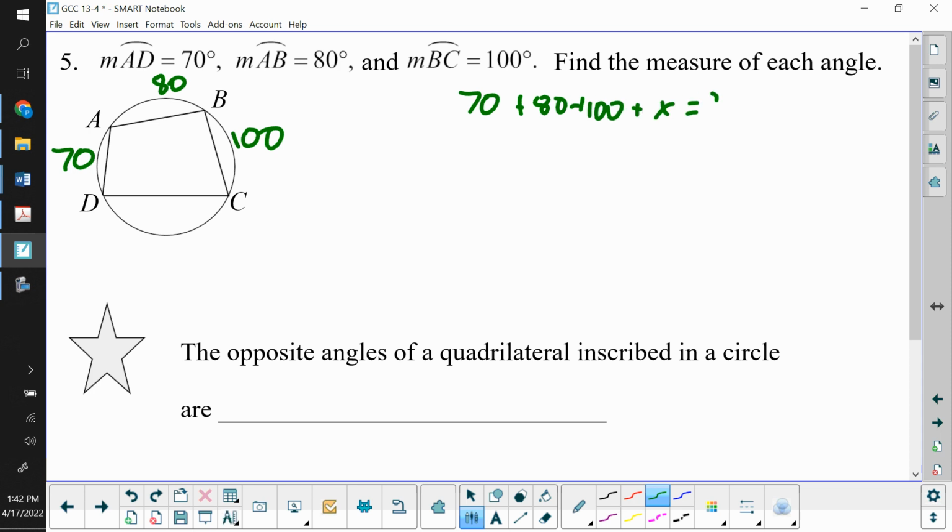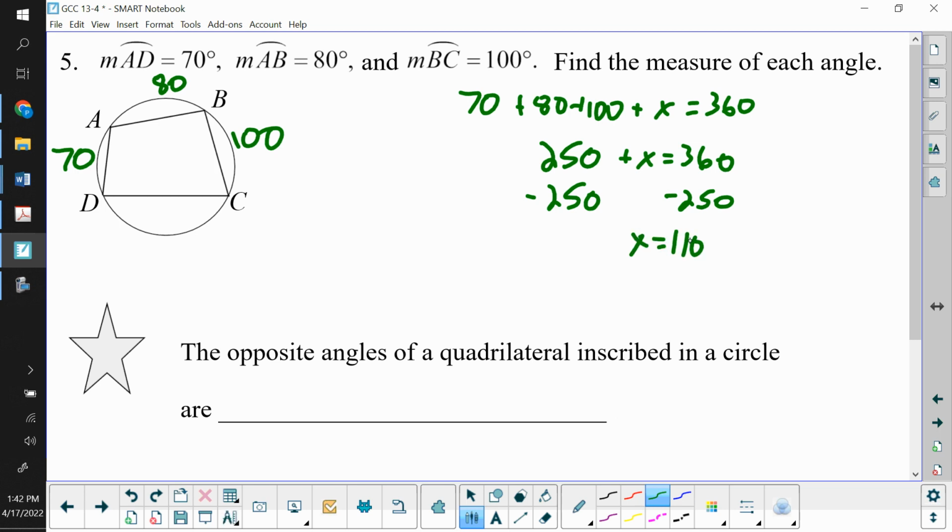X is not in our problem. And then equals 360. Well, this is going to give us that 250 plus X equals 360. We'll subtract the 250 over, and X is just 110.